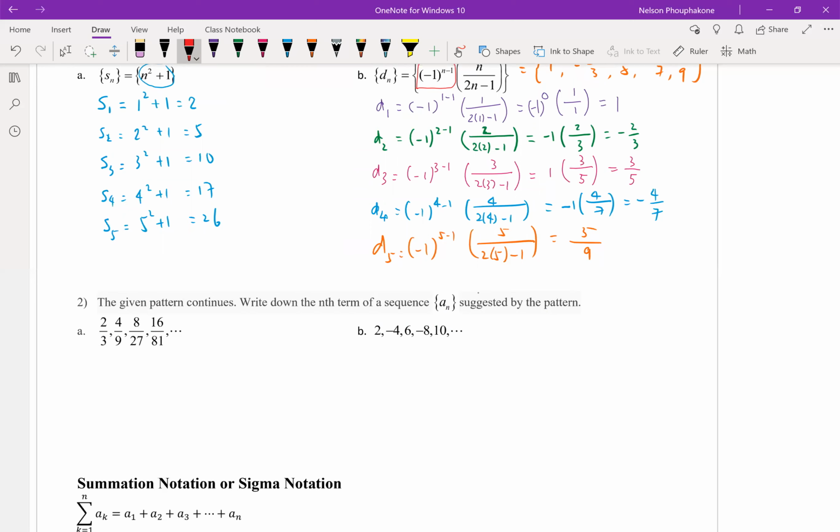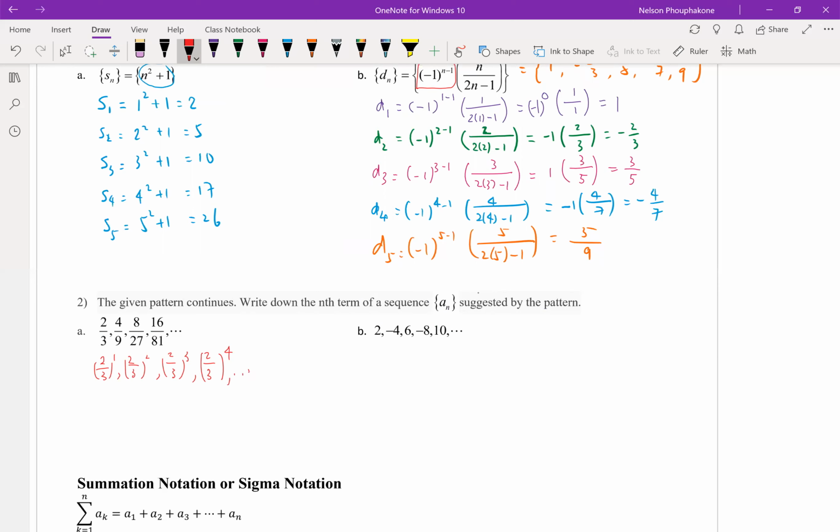In this case, it seems I found the pattern: you have 2 over 3 to the first power, then 2 over 3 to the second power, 2 over 3 to the third power, 2 over 3 to the fourth power. 2 to the 4 is 16, 3 to the 4 is 81.